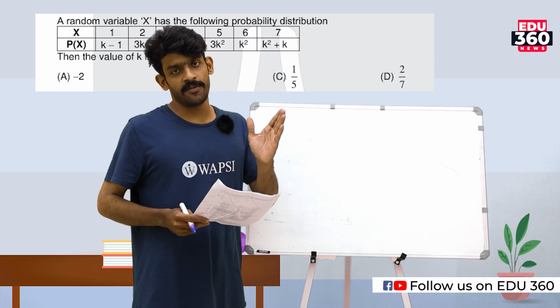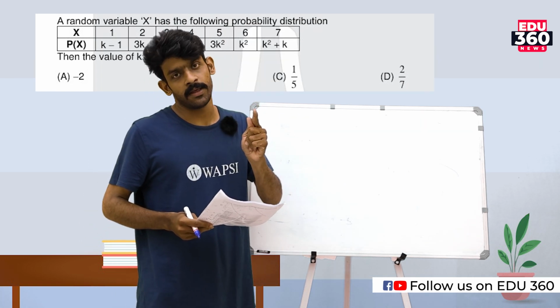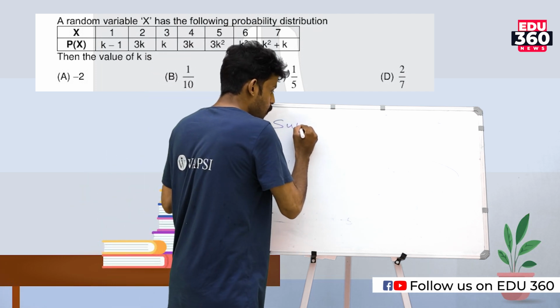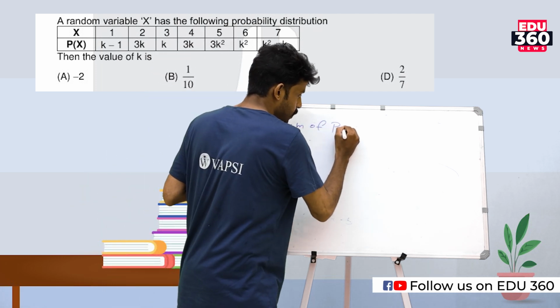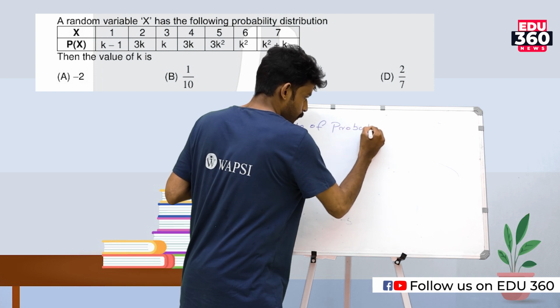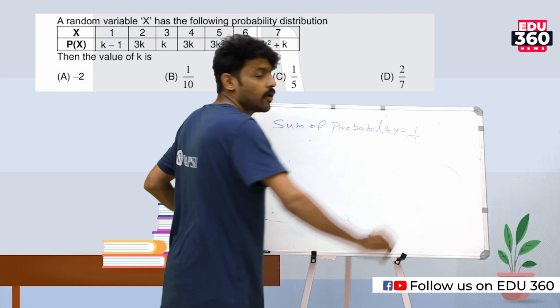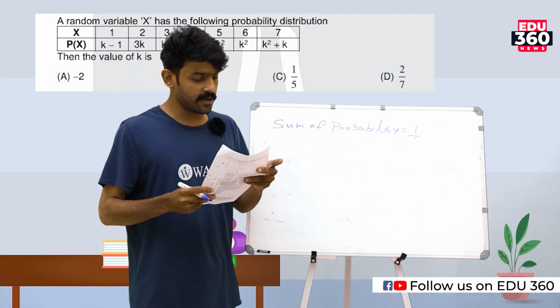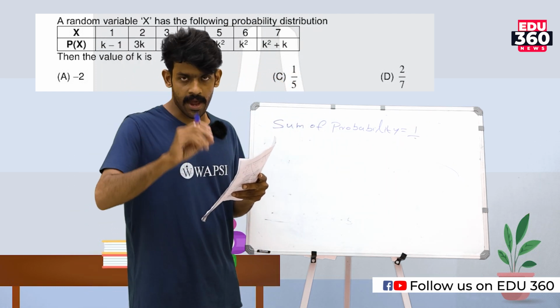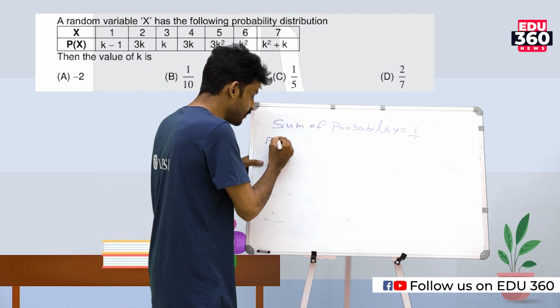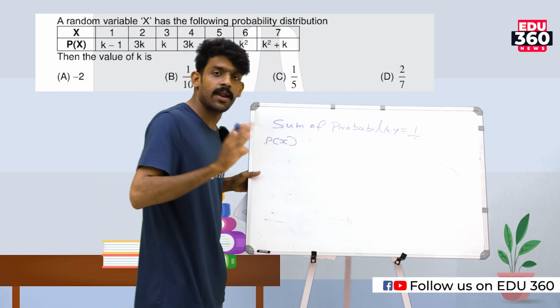For this question, we know that the sum of probability is 1. So we can write sum of probability is 1. In the given question, first of all, we can add the values of p of x. I'm going to write only the p of x row.